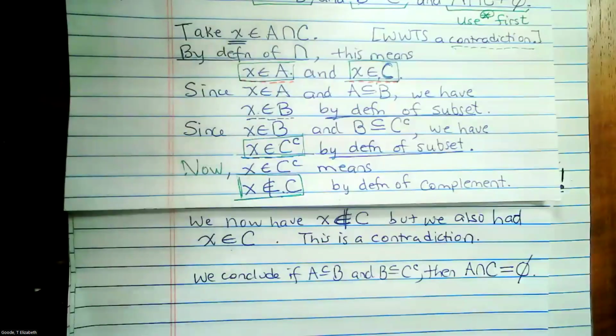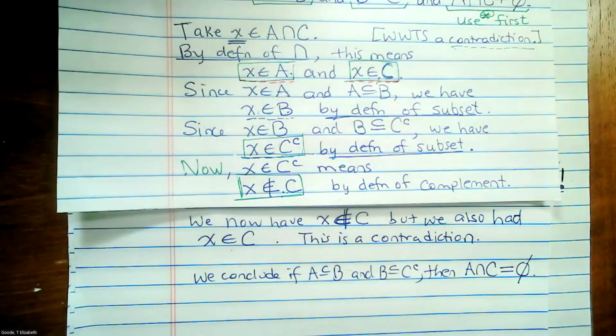So that's the game with proof by contradiction. When we're trying to prove a set is empty, we assume it is non-empty, and then we get a contradiction.